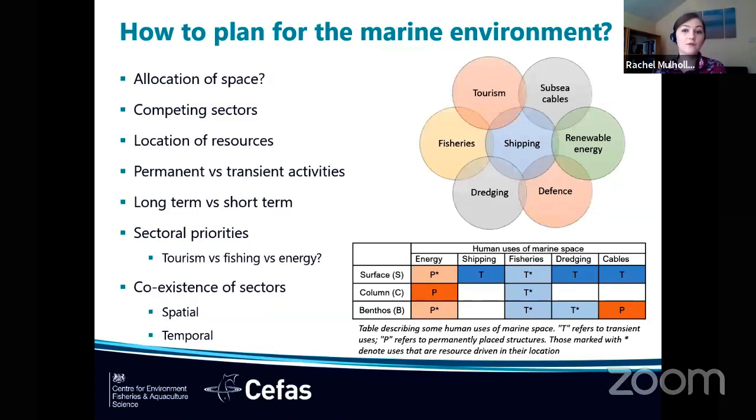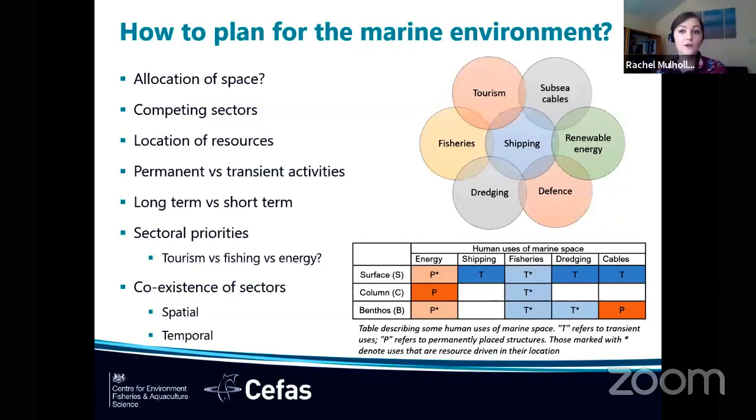So how do you go about planning for the marine environment? All of these societal resource needs will take up space in the marine environment. Some sectors will need to be located where the relevant resources are available. A port, for example, can obviously only be located at the coast where the infrastructure allows for it to be located.